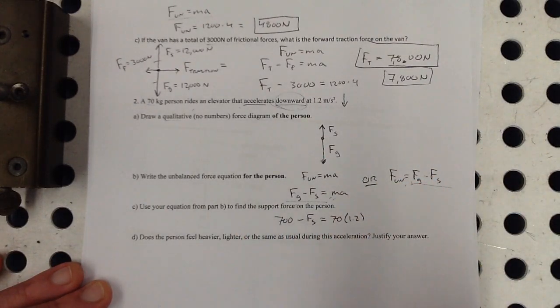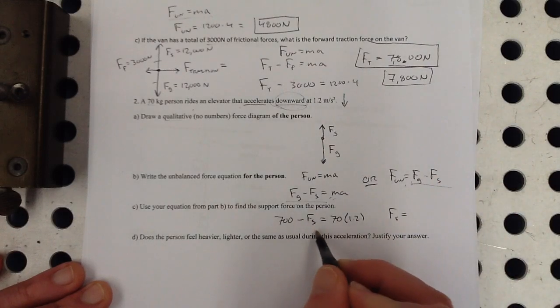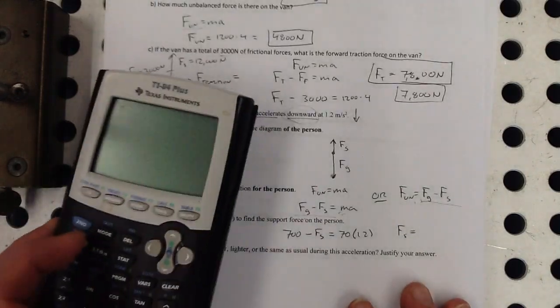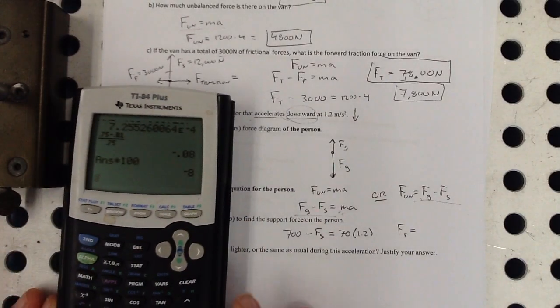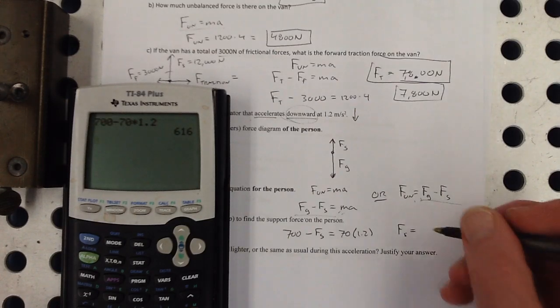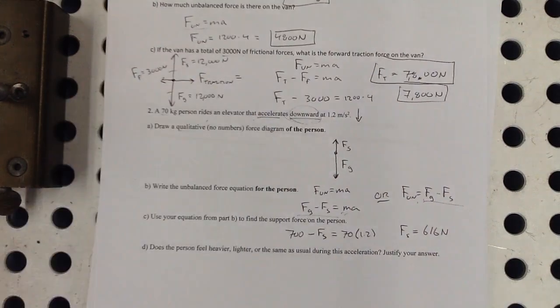I'm going to do a little bit of algebra there. I would add this over to this side and then subtract this over. Actually, I'll do it on screen for you. So that's 700 minus 70 times 1.2. 616 newtons.